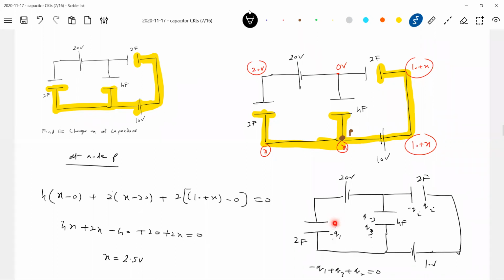Let me go for this one. Okay, fine. Q1, Q3, Q2, charge of this. What is Q1? Potential difference into capacitance. What is Q3? Potential difference into capacitance. What is Q2? Potential difference into capacitance. So instead of giving charges, writing this conservation of charge and then finding Q1, Q2, Q3 directly.